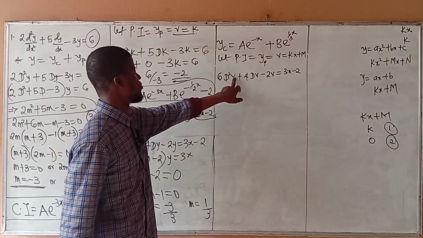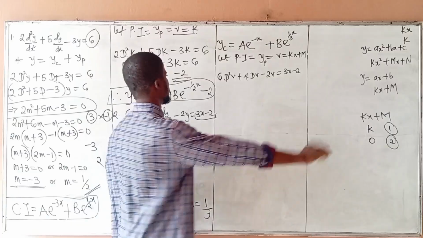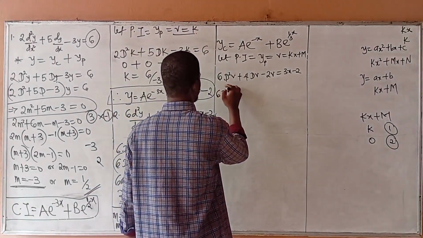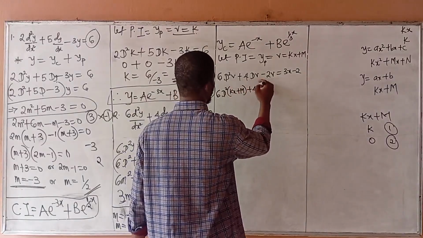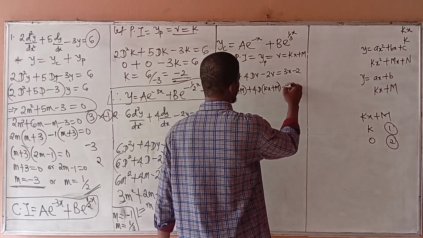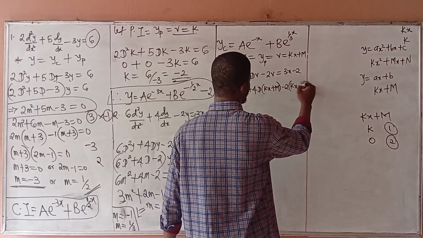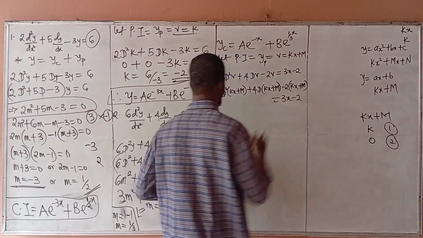What's v squared v? V is what? V is kx plus n, right? This is 6d squared (kx plus n) plus 4d (kx plus n) minus 2 into (kx plus n) equals 3x minus 2.